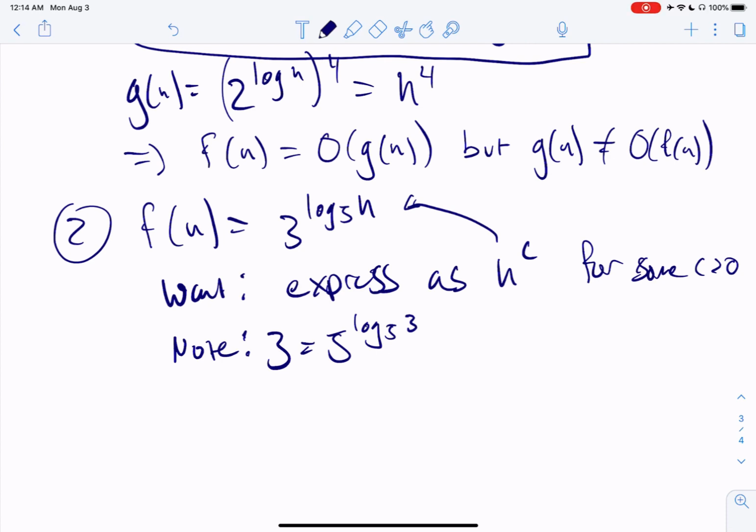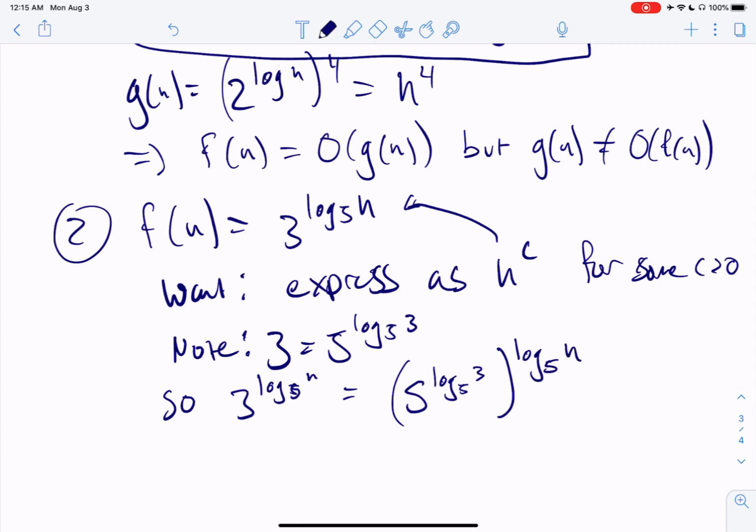So we can use this to observe that 3 to the log base 5 of n equals 5 to the log base 5 of 3, where this is what 3 was before, and now this is to the log base 5 of n.